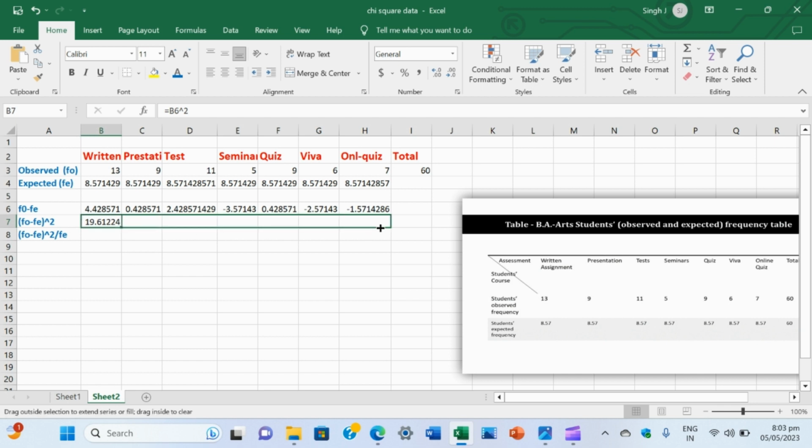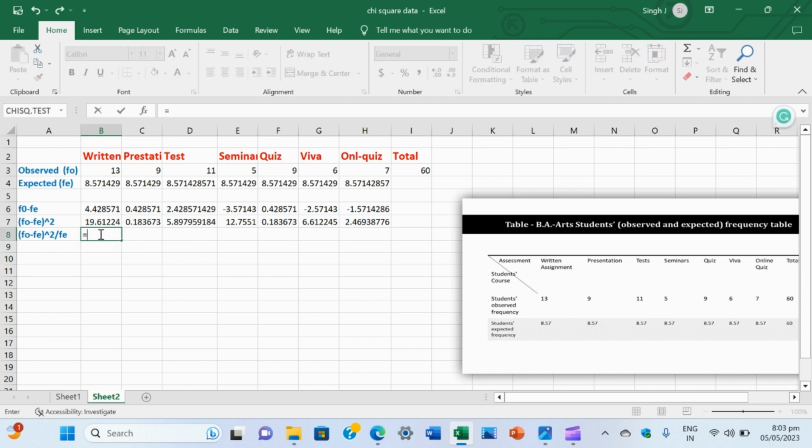to find the square for all the categories, and in this way we find the f4 minus fa square for all the categories, and then we calculate the value of f4 minus fa square divided by fe. For this we write equal, and the cell address, that is B7, which is the square of f4 minus fe, and then divide by fe.